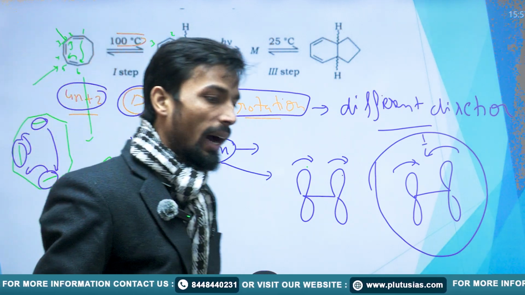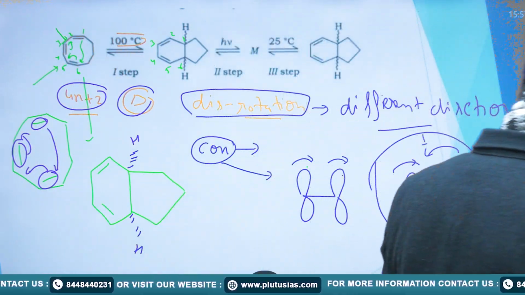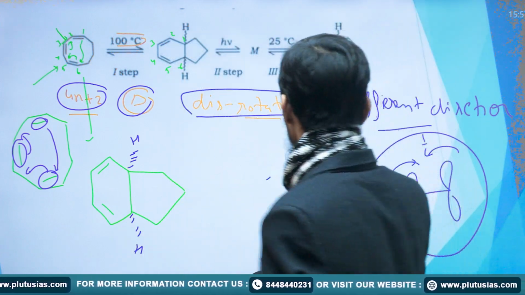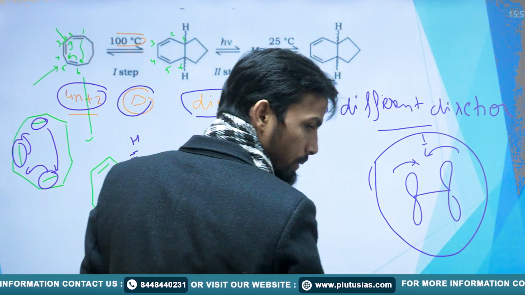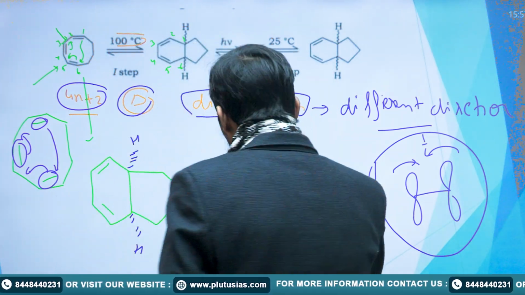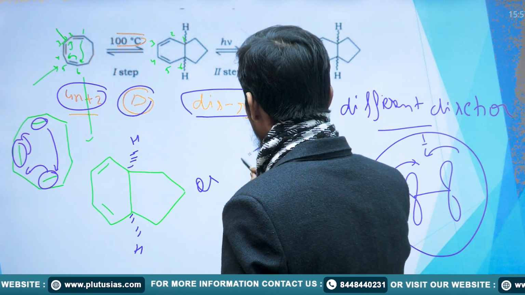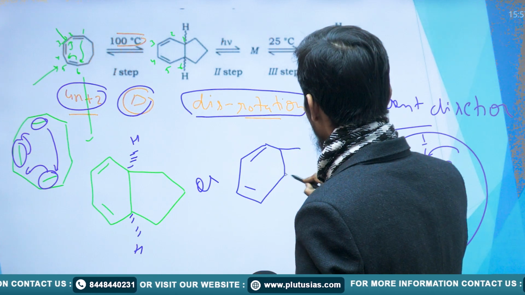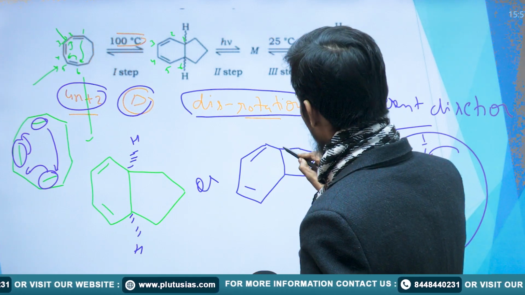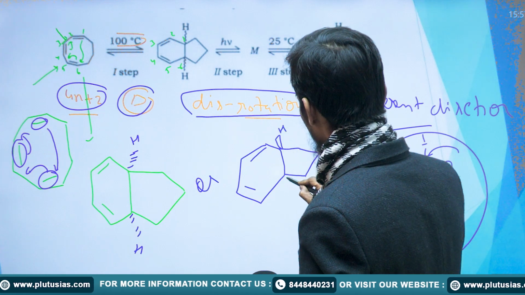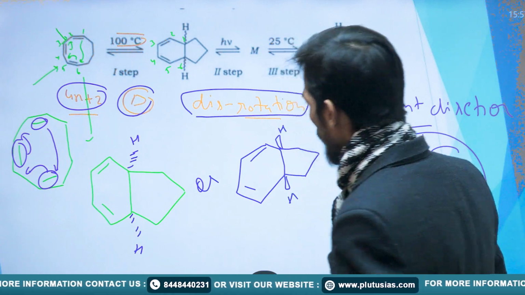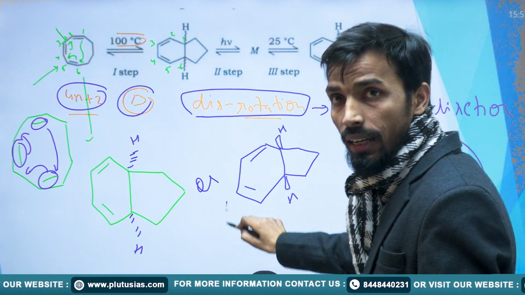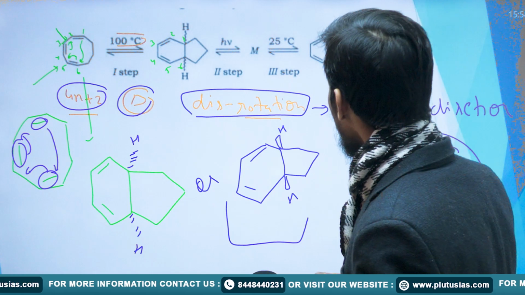Either we can mark them like this, or another way of marking them is like this. So both the hydrogens, if you visualize at this center, we can see that these are cis.